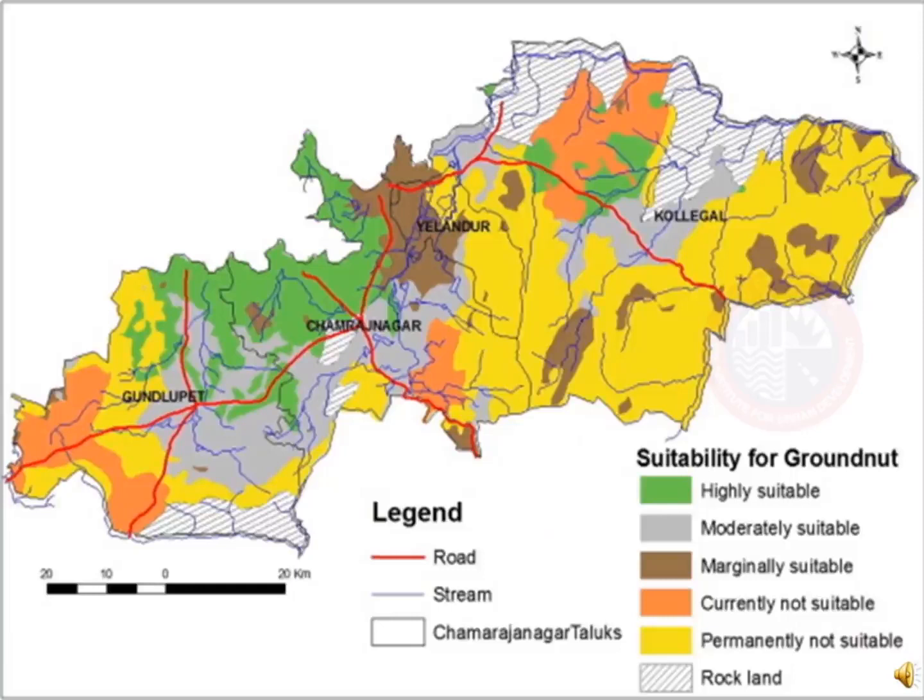For example, in this slide, suitability analysis has been done for the land for groundnut, as shown in the green color area.